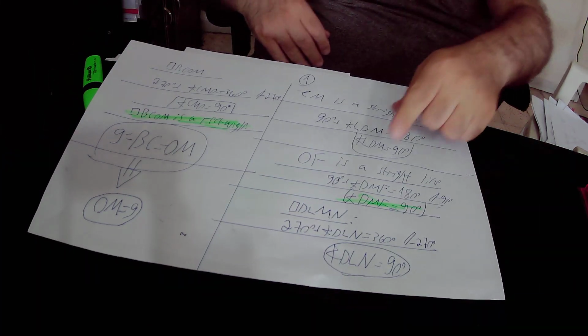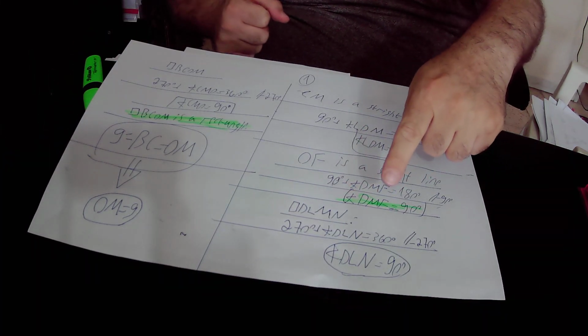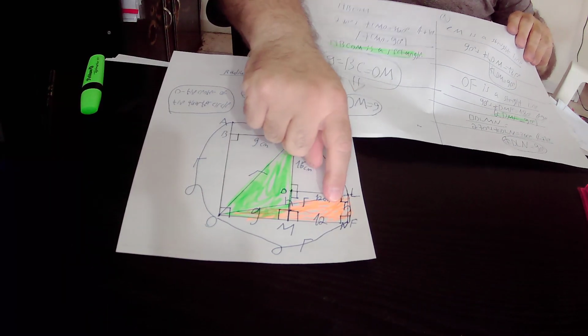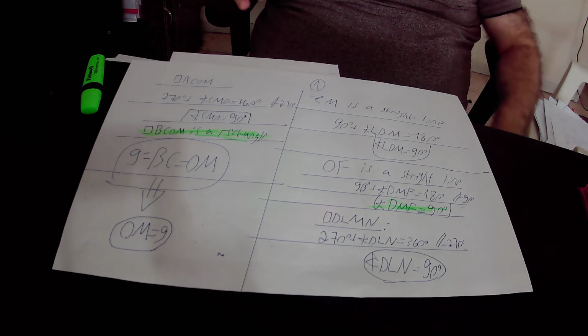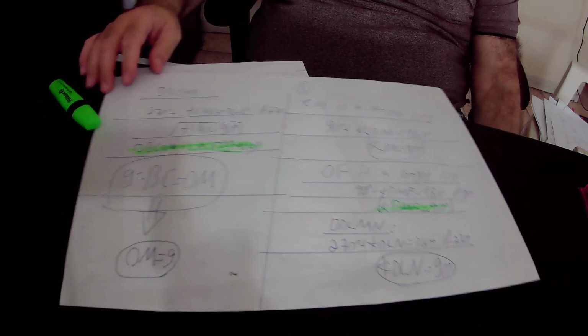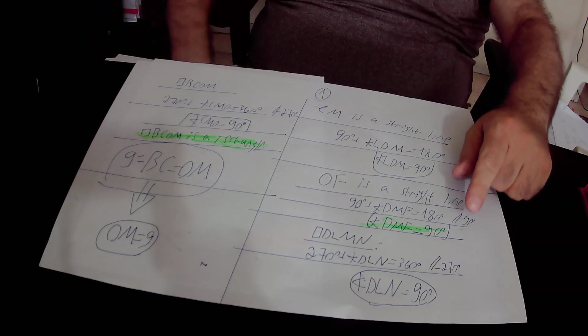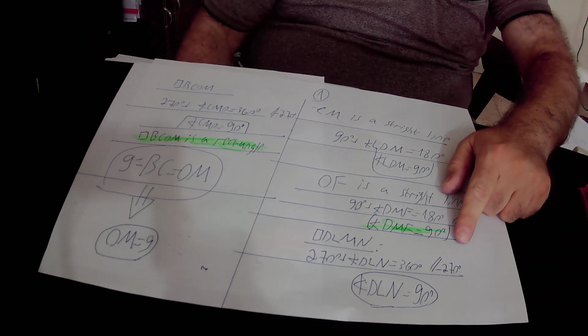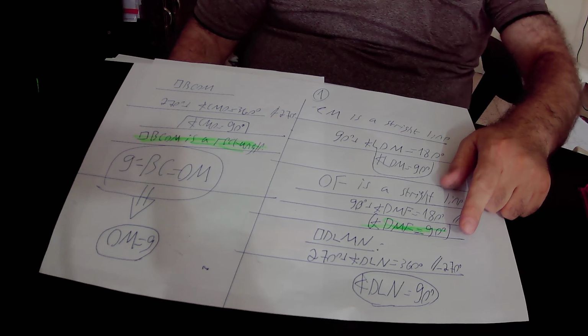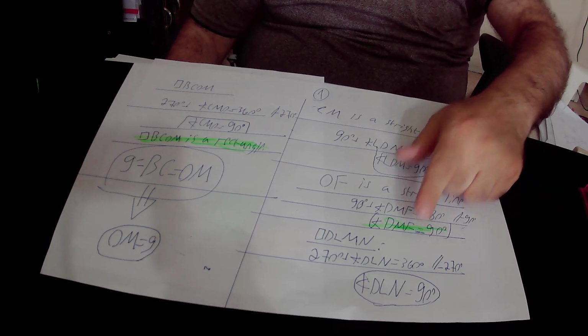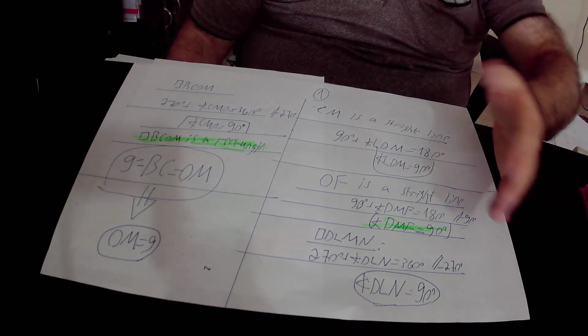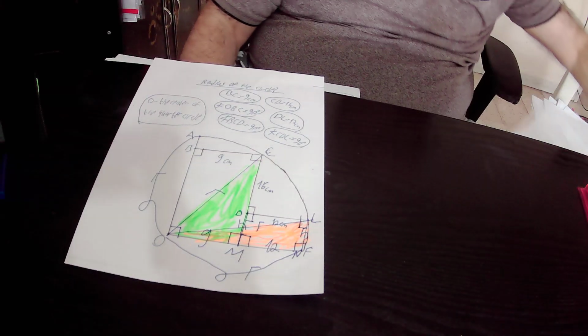The sum of 3 right angles is 270 degrees plus the size of the fourth angle, angle DLN. In total, that must be equal to 360 degrees, according to the rule that the sum of the angles in any quadrilateral is equal to 360 degrees. Here we subtracted 270 degrees from this equation and found that the missing angle DLN equals 360 degrees minus 270 degrees, which is 90 degrees.